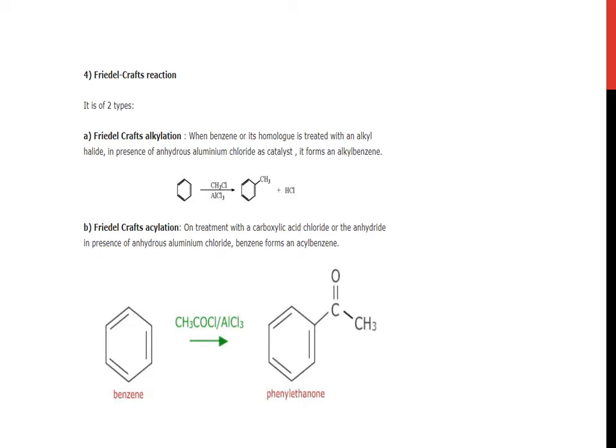On treatment with a carboxylic acid chloride or the anhydride in the presence of anhydrous aluminum chloride, benzene forms an acyl benzene. Visible on the screen, you are adding CH3COCl in the presence of AlCl3. Then this benzene ring will be attached with COCH3, phenyl ethanone.